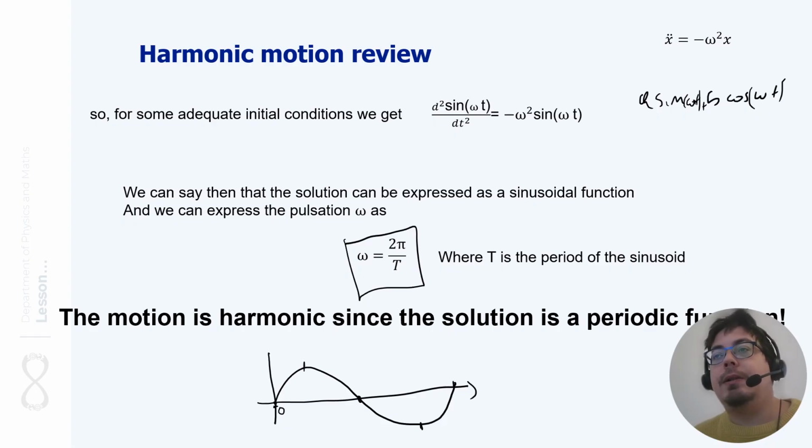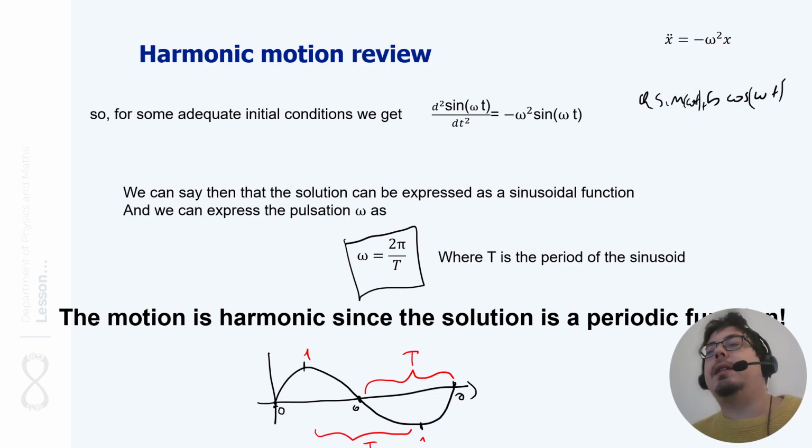So this is 0, this is 0, this is 0, and in fact this is the period, or this is 1 and this is 1, and this is exactly a period. So nothing new. The same goes for the cosinus. We can deal with it. So we have an idea of why we are dealing with that kind of equation, and why that kind of equation would lead to harmonic motions.